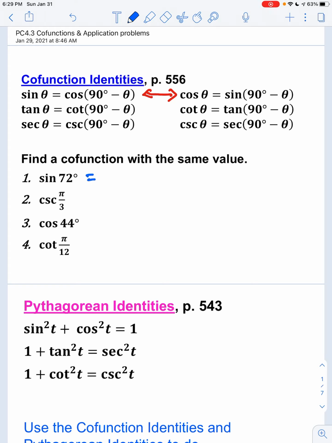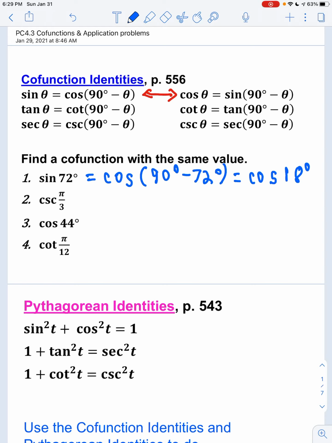So it means that the sine of 72 has to be equivalent to the cosine of 90 degrees minus 72 degrees, which is really the cosine of 18 degrees. So the sine of one acute angle equals the cosine of the other acute angle.